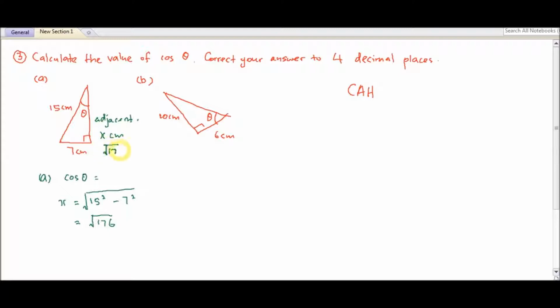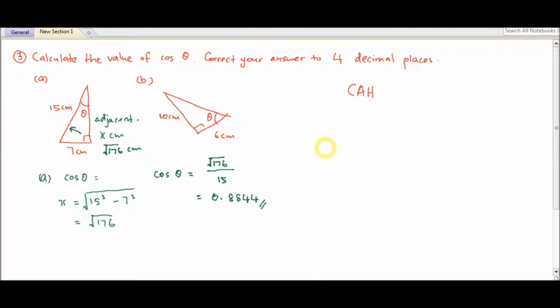Now cosine theta is CAH, adjacent square root 176 divided by hypotenuse, which is this one, 15. Press the calculator and correct our answer to 4 decimal places. 0.8844.